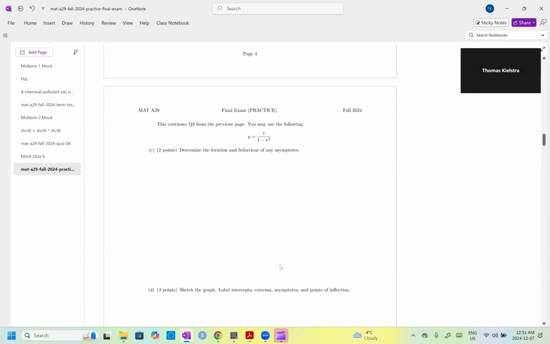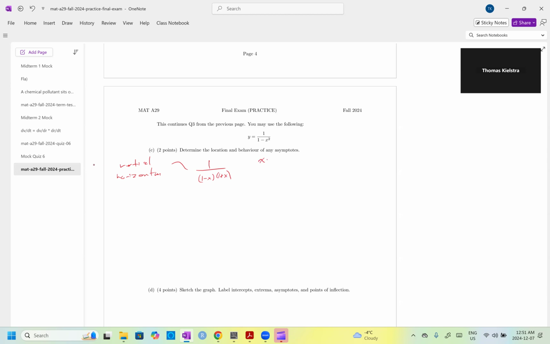Now it asks us to compute the location and behavior of any asymptote. So there's two asymptotes we could have, vertical and horizontal. For our vertical asymptotes, I look at this expression and go, this is 1 minus x, 1 plus x on the denominator.